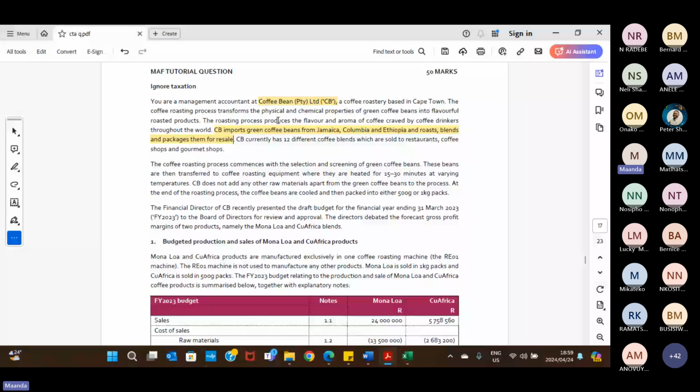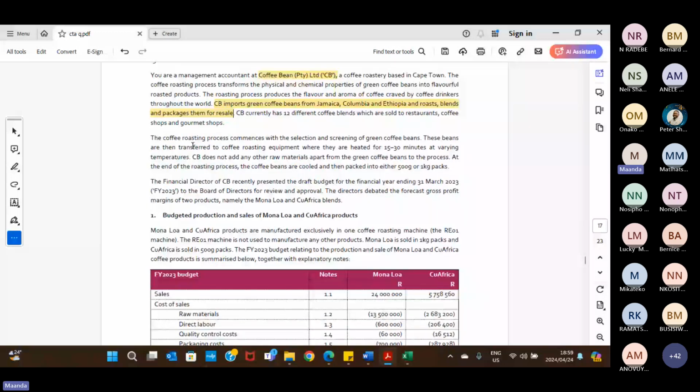The coffee roasting process commences with the selection and screening of green coffee, right? So we select and screen the green coffee that we are importing from these countries. These beans are then transferred to coffee roasting equipment, where they are heated for about 15 to 30 minutes at varying temperatures.